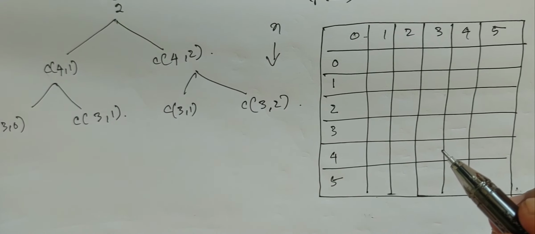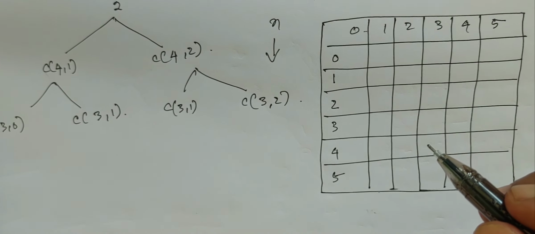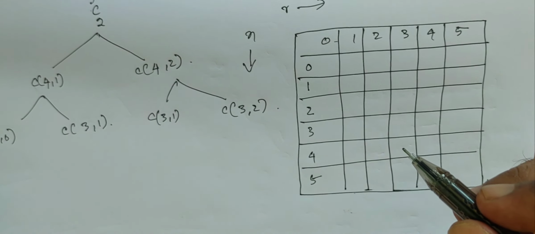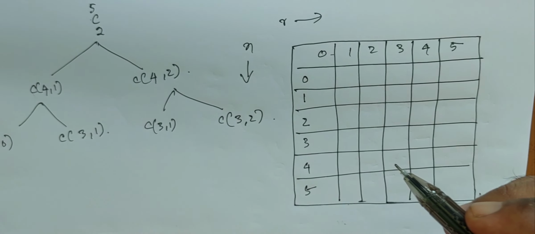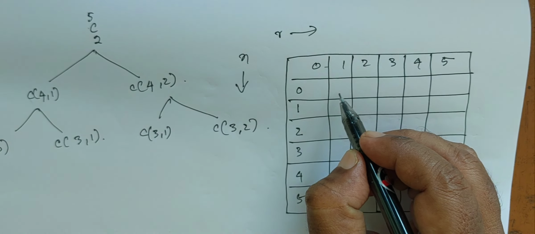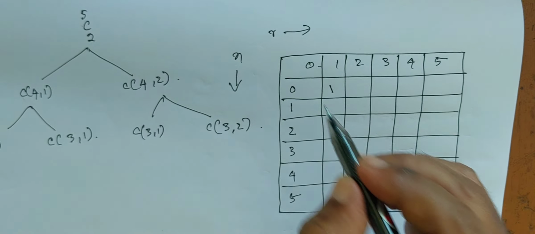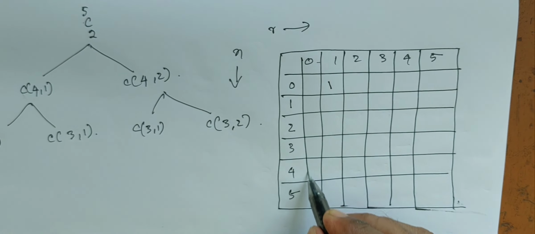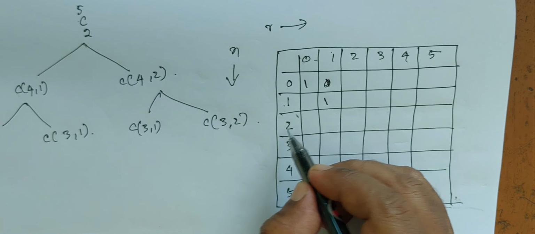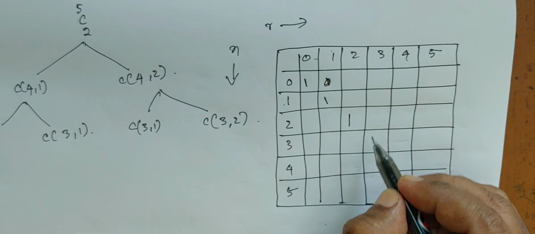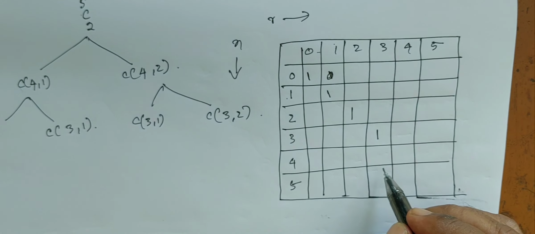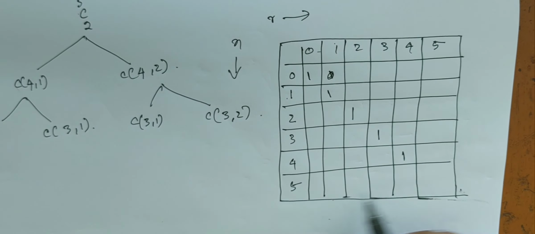So when we are getting the index of both sides the same, 0,0 will be 1, 1,1 will be 1, 2,2 will be 1, 3,3 will be 1, 4,4 will be 1, 5,5 will be 1.